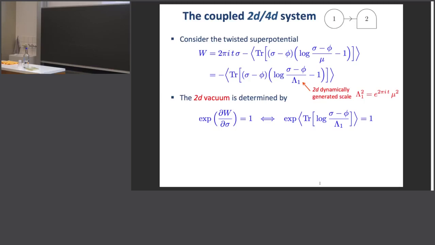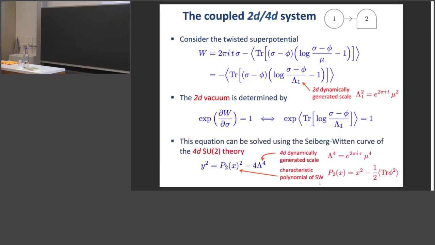left-hand side, and therefore solve the equation, I can now use my knowledge of the four-dimensional SU2 theory using Seiberg-Witten analysis, and in particular the Seiberg-Witten curve for this SU2 theory.